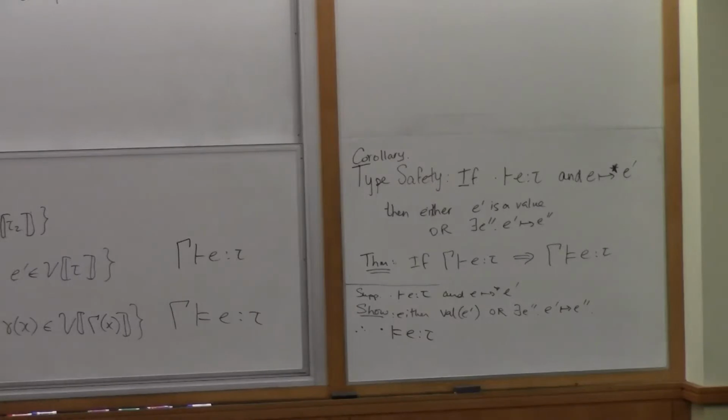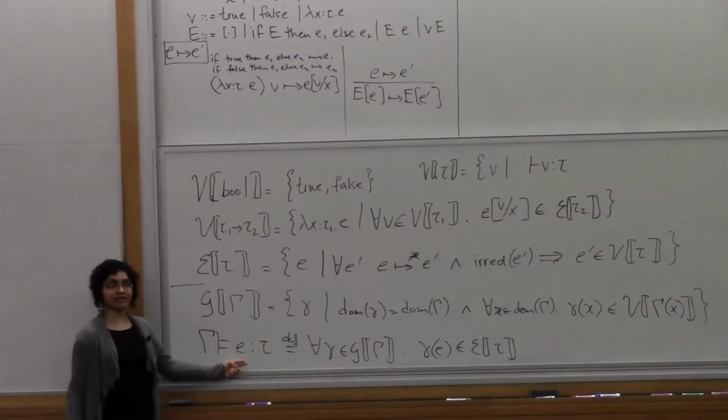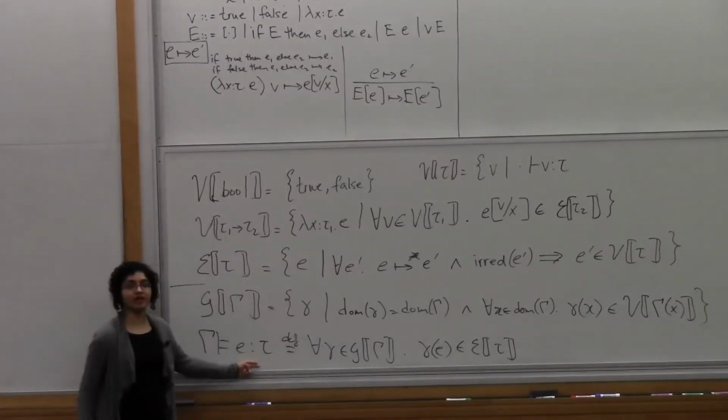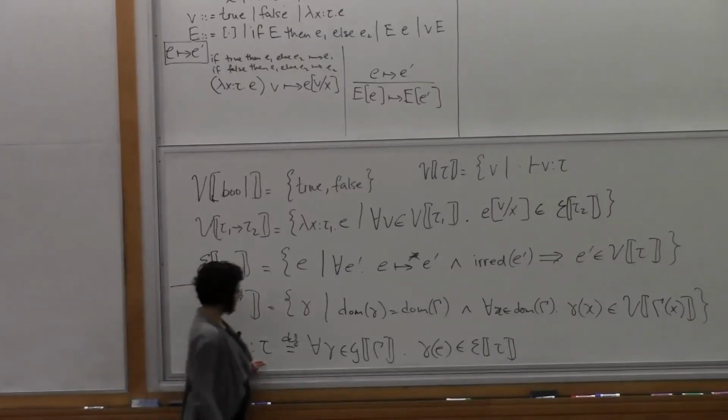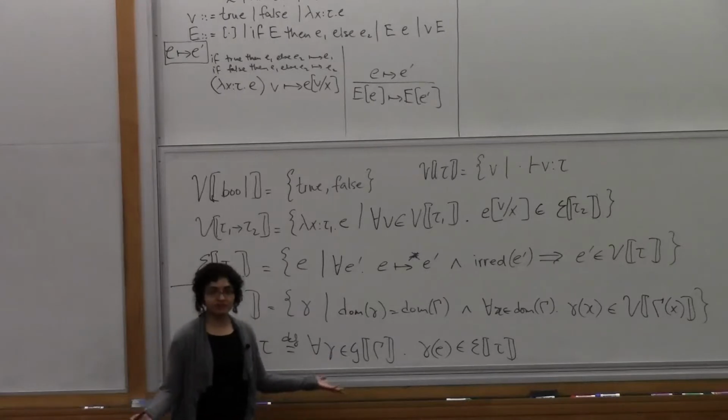So now let's go look at the definition of semantic type safety. E doesn't have any free variables, right? Gamma's empty. This definition tells us that you need to pick some substitutions, but we don't need to pick any substitutions because gamma's empty.